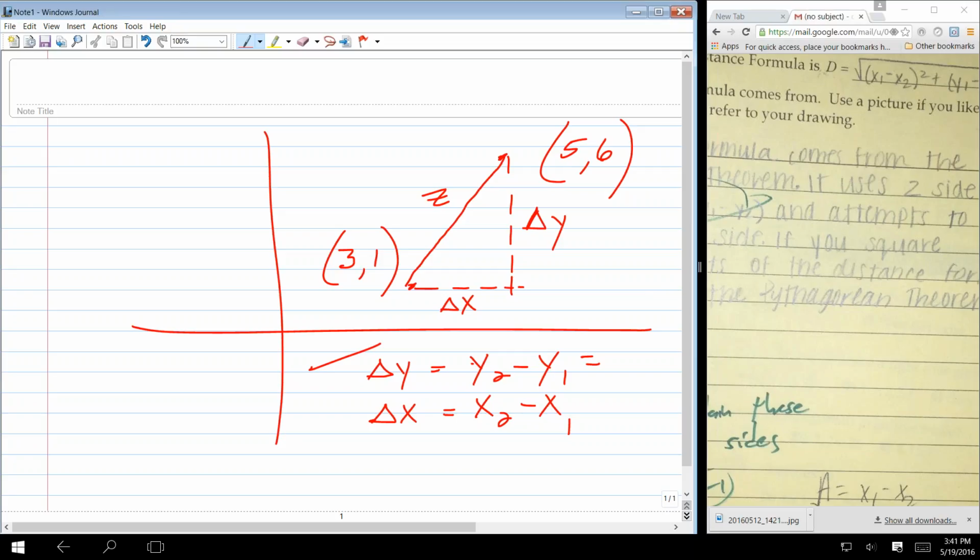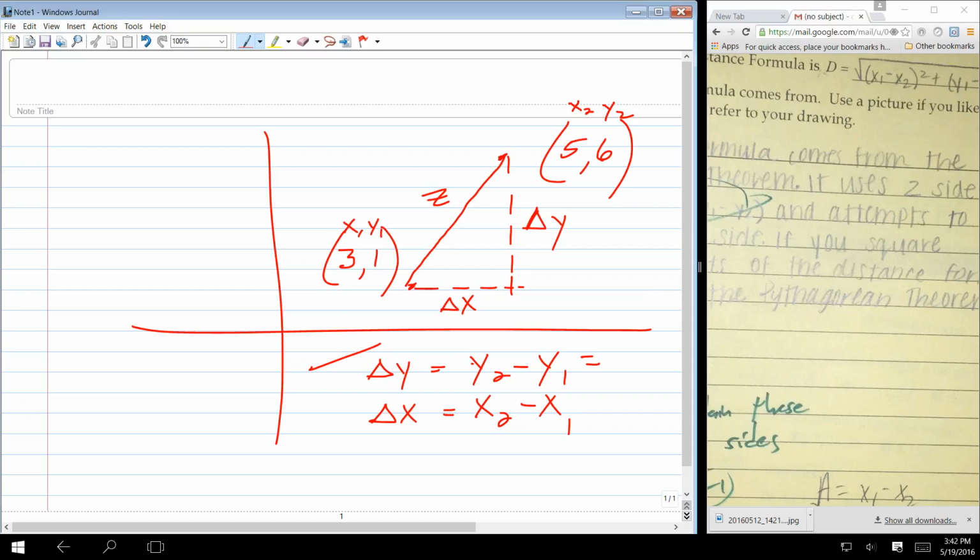Minus y sub 1. This is x sub 2, y sub 2. This is x sub 1, so then 6 minus 5. y sub 1. No. Wait, what?